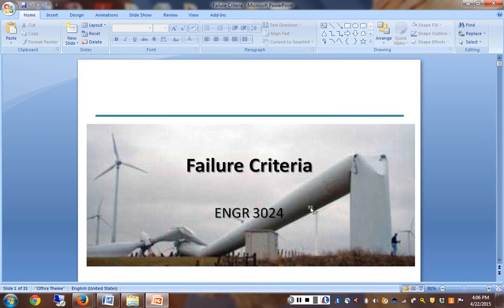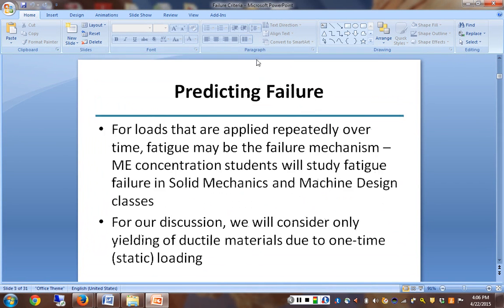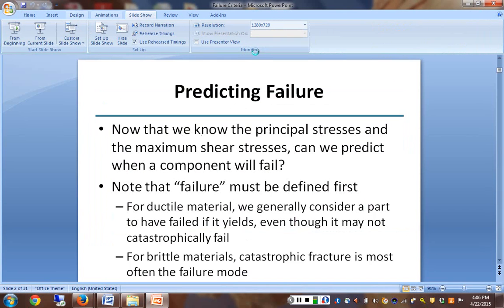Okay, all right, so failure criteria. All semester, we have been figuring out how to determine the stresses in stuff if we push on it, pull on it, twist on it, or do a combination of things. We figure out how much normal stress and shear stress there is, and we are dealing with plane stress cases, and then we have to do what?